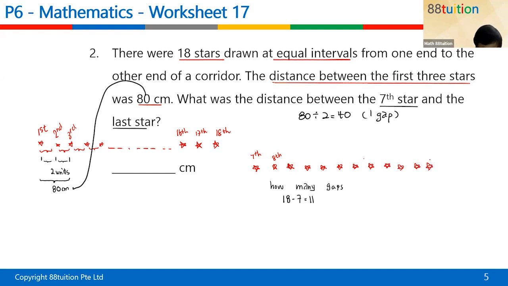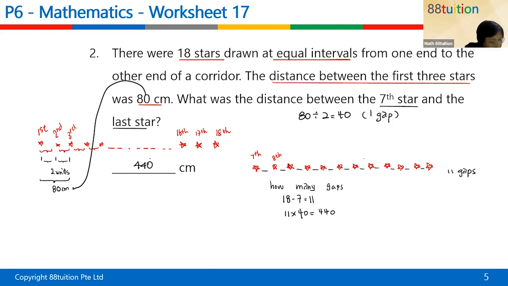So how many gaps are there? I use black to count, right? So this is gap 1, 2, 3, 4, 5, 6, 7, 8, 9, 10, 11 gaps. Am I right to say that? So with 11 gaps, I multiply each gap by 40 and I get 440 cm. So far, so good.